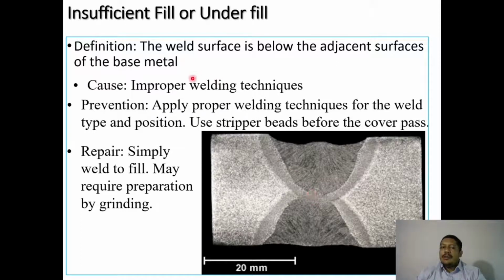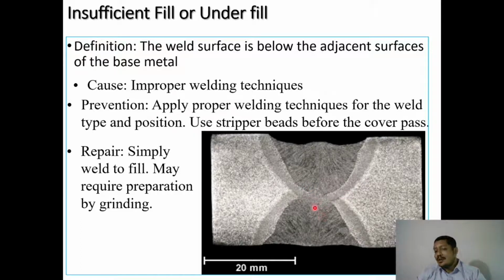So improper welding techniques are the cause; because of insufficient welding techniques, the insufficient fill or underfill happens. So apply proper welding techniques for the weld, basically type and position, and use stringer beads before the cover pass. Repair is simply to weld to fill, which may require preparation by grinding.